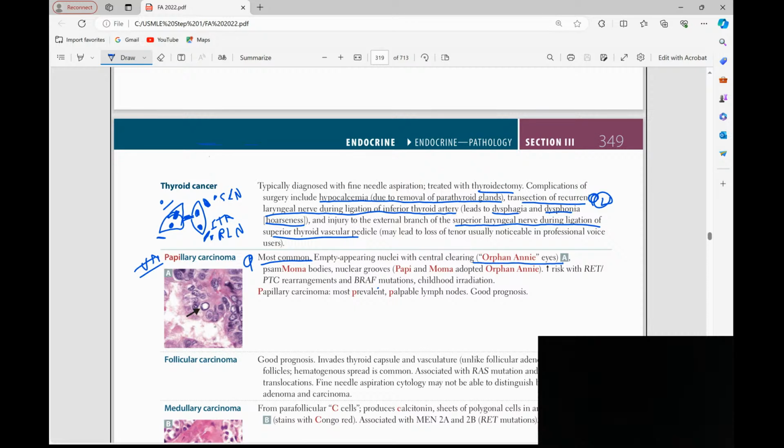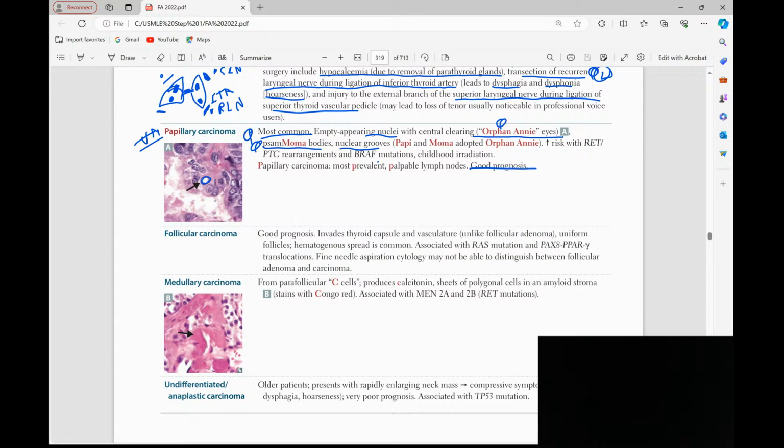See, they have cells with clear nuclei in the center, and psammoma bodies, nuclear grooves. These three things are important, and it has a good prognosis. So whenever there are psammoma bodies or Orphan Annie nuclei, it is papillary carcinoma of the thyroid.